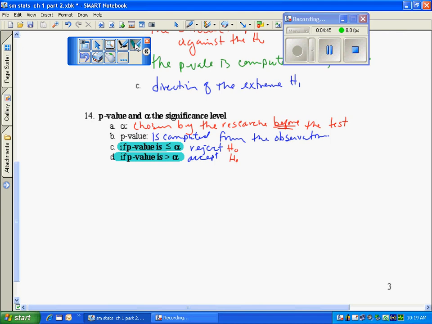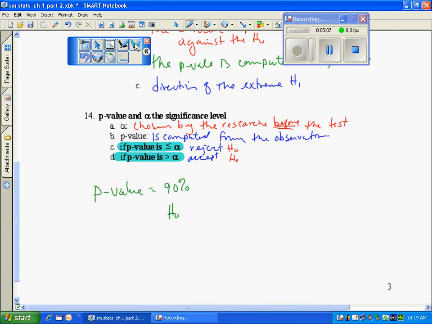So, for example, if I go and get data, my p-value is 90%. The chance of getting this observation is 90%. It's going to happen 90% of the time that supports my null. 90% of the time it's going to come from my null. I'm going to go with my null.